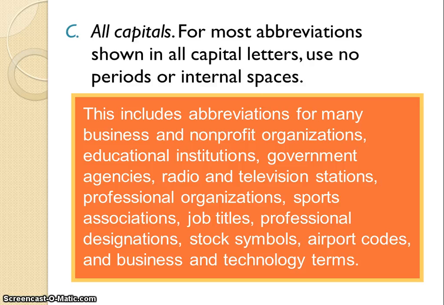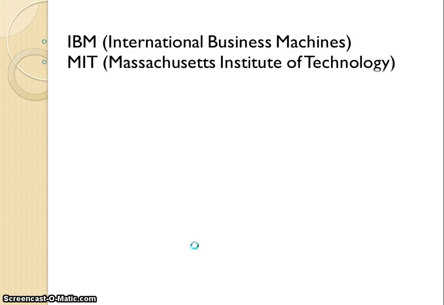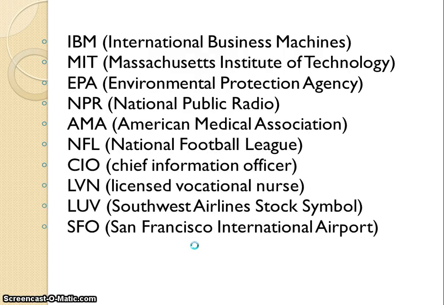Government agencies like the IRS, you don't put periods there. Radio and television stations, professional organizations, sports associations, job titles, professional designations, stock symbols, airport codes, and business and technology terms. Pretty long list there. But if they're all capitals, abbreviations, we don't use periods or internal spaces. And here is a pretty good list of them.